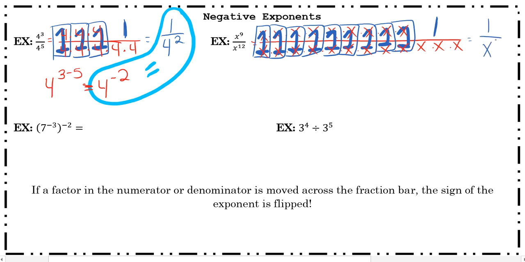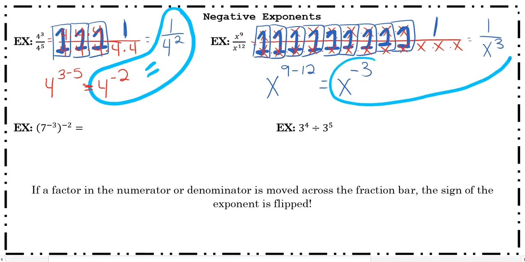So that would be 1 over x to the third power. But if I were to do my quotient rule, I would do x to the 9 minus 12, and I would see that that would be equal to x to the negative third. So again, when I have that negative exponent, I can put it into a fraction, and it's going to change my exponent positive.